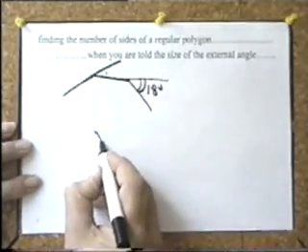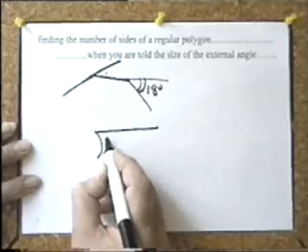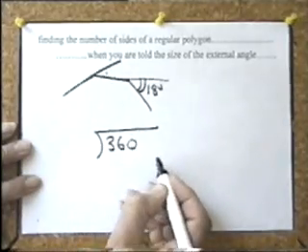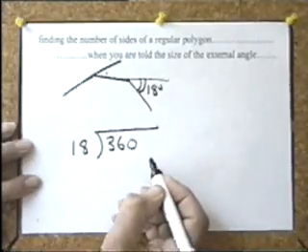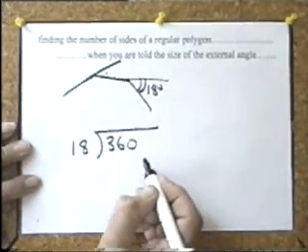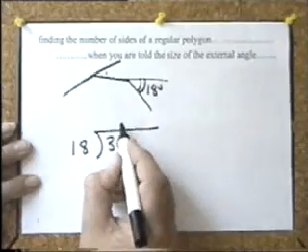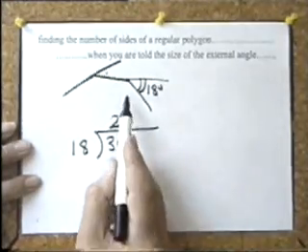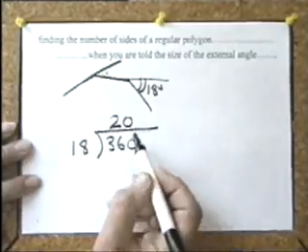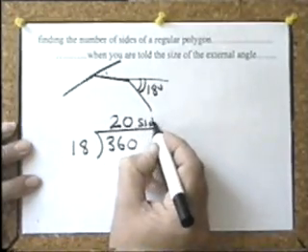You know that all the exterior angles add up to 360. So if you divide 18 into 360 degrees, you'll find this particular regular polygon will have 20 sides.